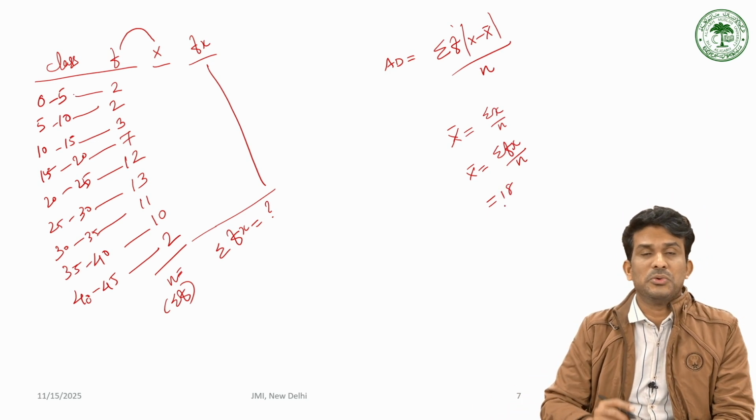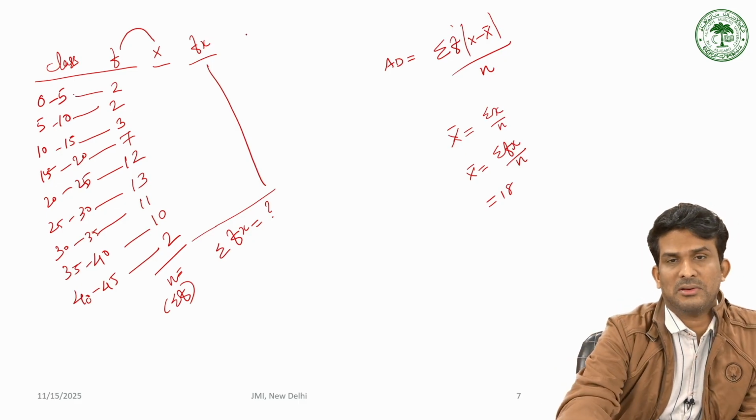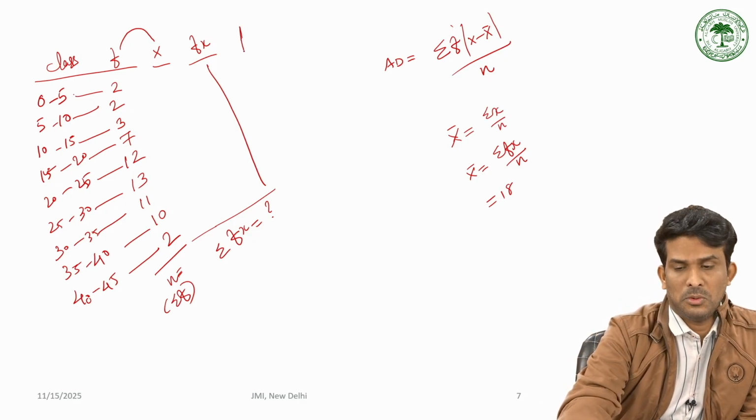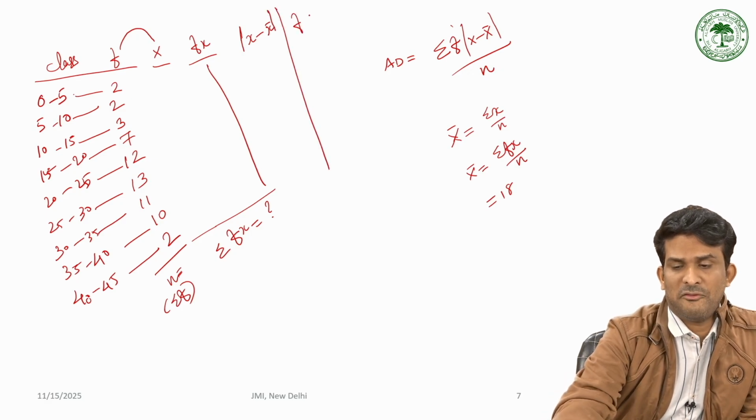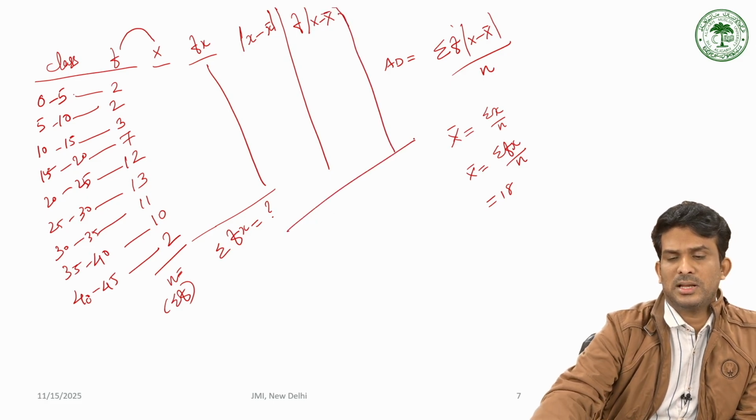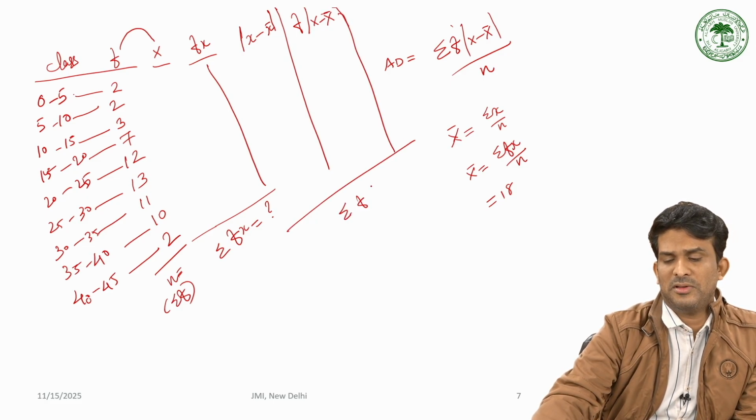Now you start doing the other part of the calculation. What is modulus x minus x bar, right? Next is f into modulus x minus x bar. Then you will get sigma of f into modulus x minus x bar.